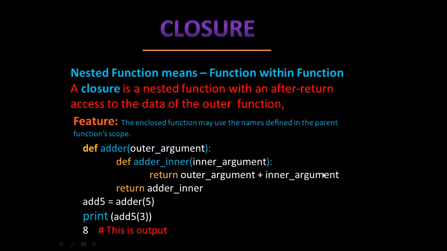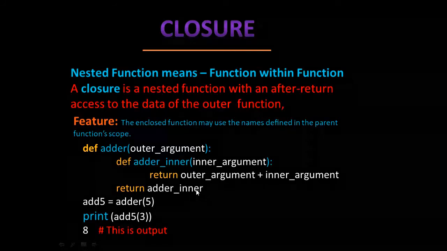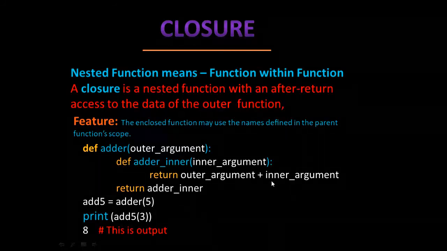That means it will get the first argument from the parent method, and then it will get the second argument itself. And now the outer method is returning what is returned by the adder_inner method. That means it will return outer argument plus inner argument, so this will also return the same thing.